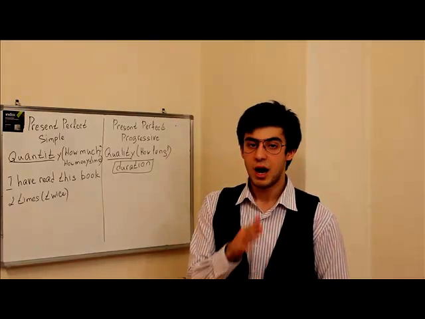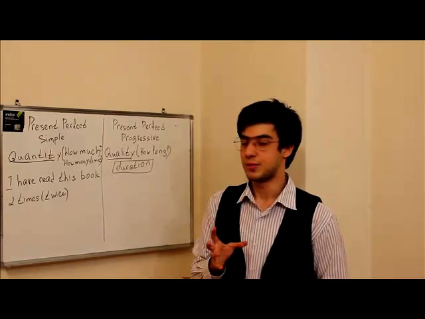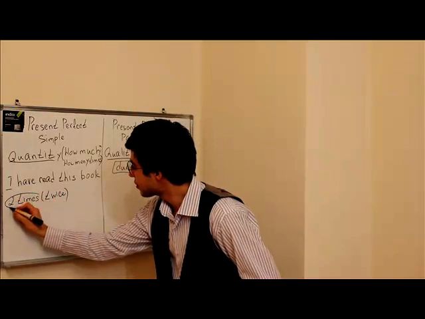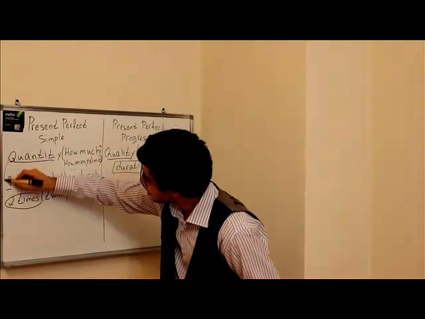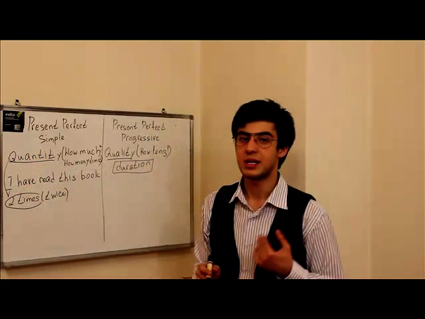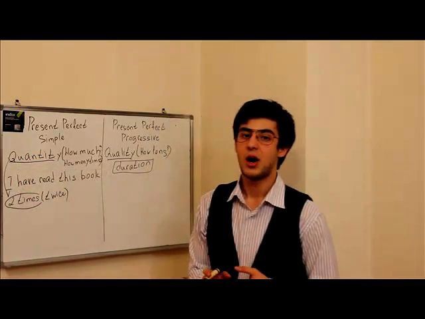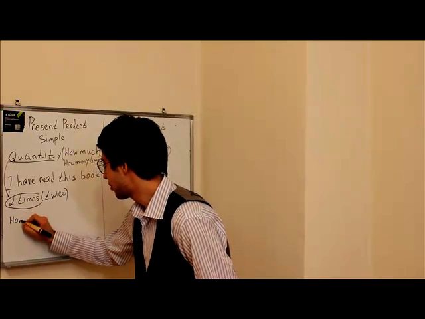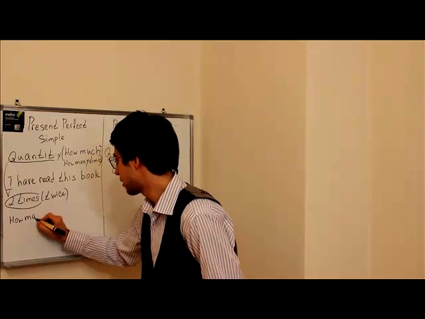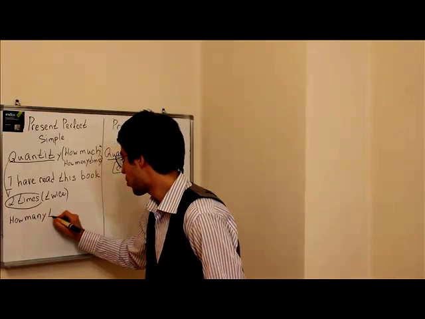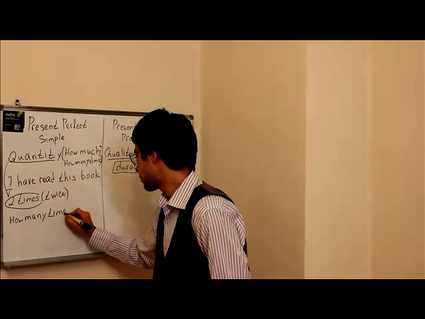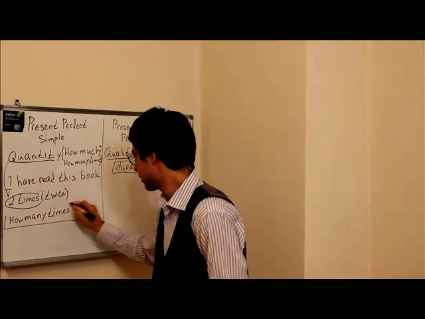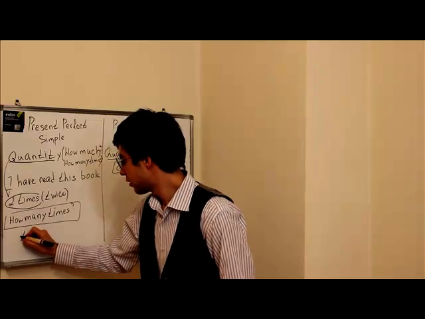So in general, I have read it 2 times. So the main idea here is about quantity. We can count and we can answer the question how many times. And the answer is twice.